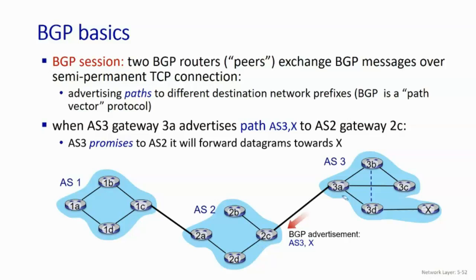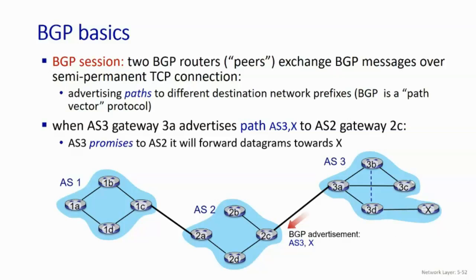Now you can ask one question, right? How does 3A know the existence of X, because X is attached directly to 3D? How does the gateway router 3A know about the addition of the new router into this autonomous system? That is based on the interior routing protocol.